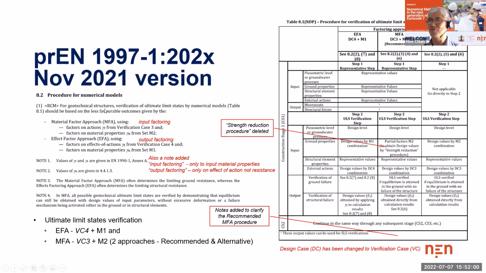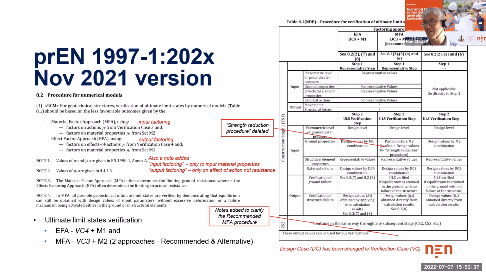Also, there are a couple of changes that have been proposed for the terminology used here. The material factor approach is likely to be called input factoring now, and the effect factor approach will be called output factoring. Again, because of the potential for confusion between input factoring and output factoring, there are notes added to clarify that the input factoring is a factoring of the material parameters only, but not the actions.